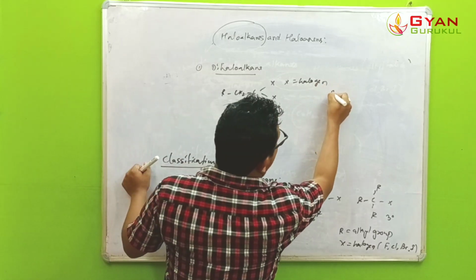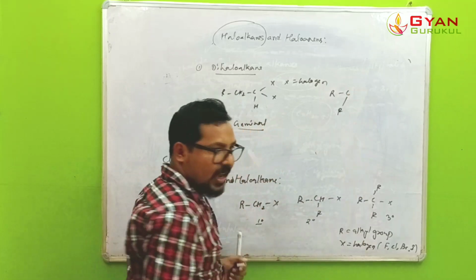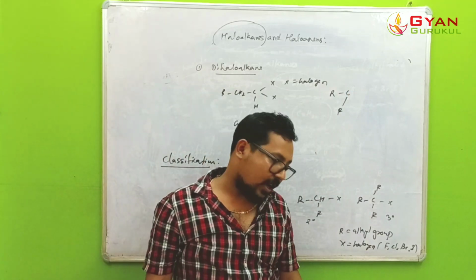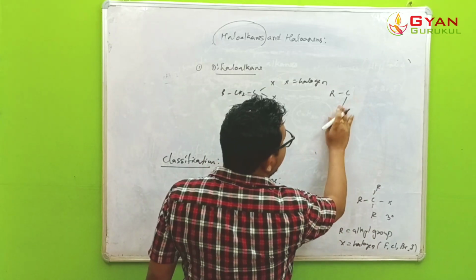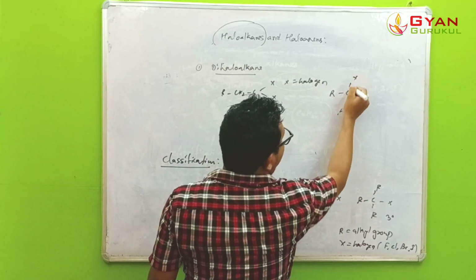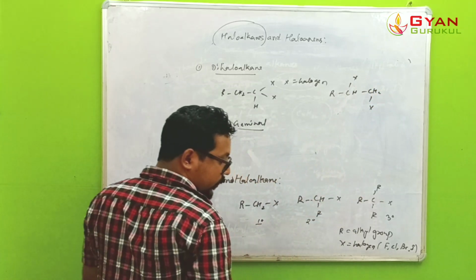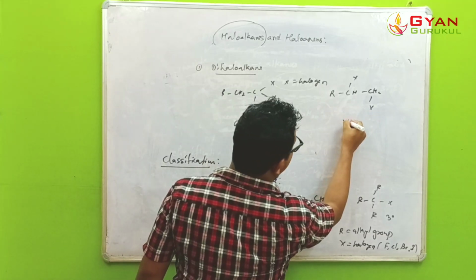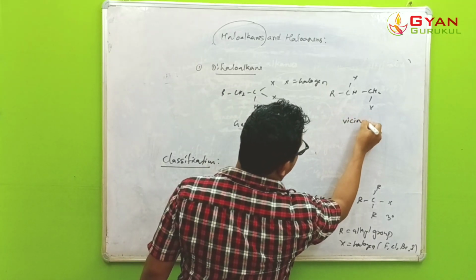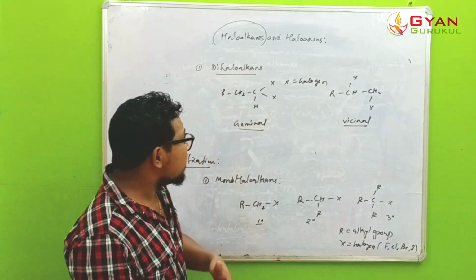Next, you see this one, RCHX-CH2X. This is also a dihaloalkane, and such a dihaloalkane is known as vicinal dihaloalkane or vicinal dihalide. So what is vicinal dihalide?